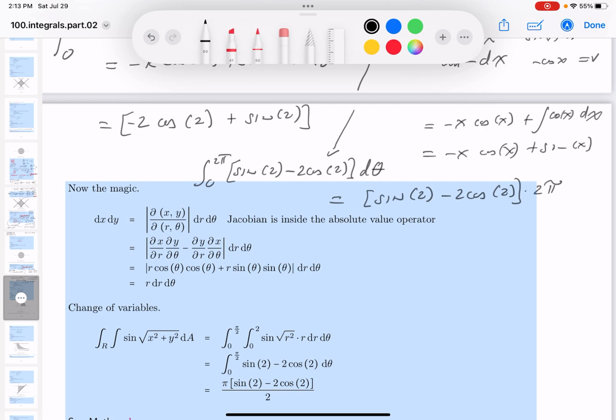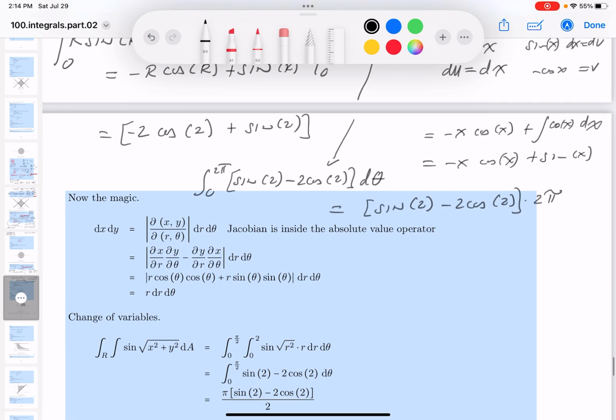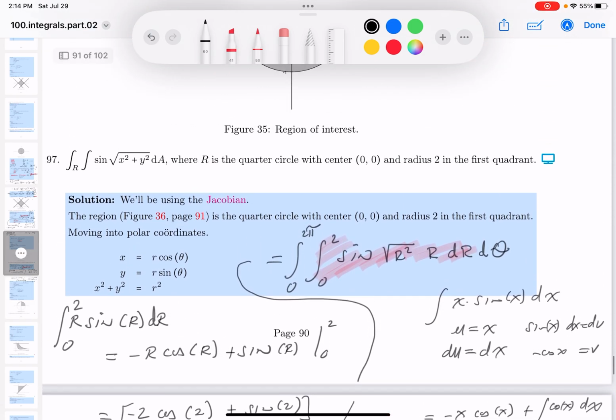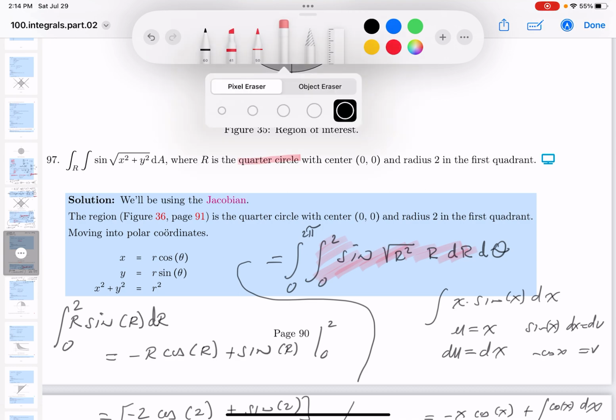All right, let's look at the answer, and I made another mistake. Pi. Oh, you know what? I probably misread. Oh, I did. And what did I misread? This guy. I'm not going to do the whole problem over again, but it's a quarter circle, so I'm going to have to make some erasures over here.